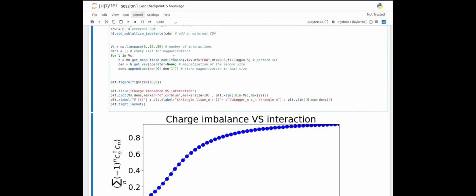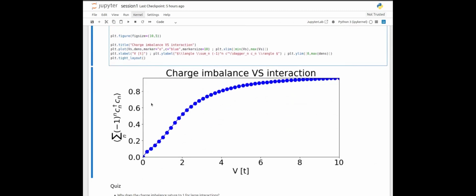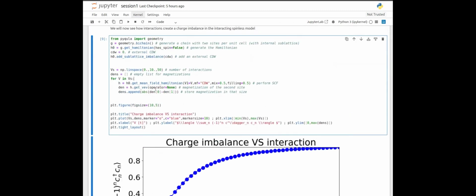So we solve the mean field Hamiltonian at different values of the interaction, and we compute the expectation value of the density. And we plot this as a function, not of the density, but actually we take the difference between the densities in the first site and the second site. So this is going to tell us what is the charge imbalance.